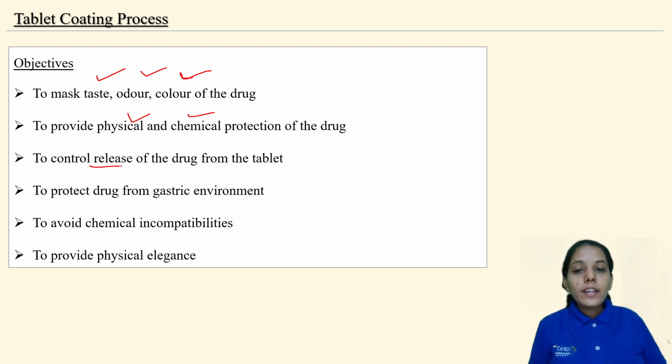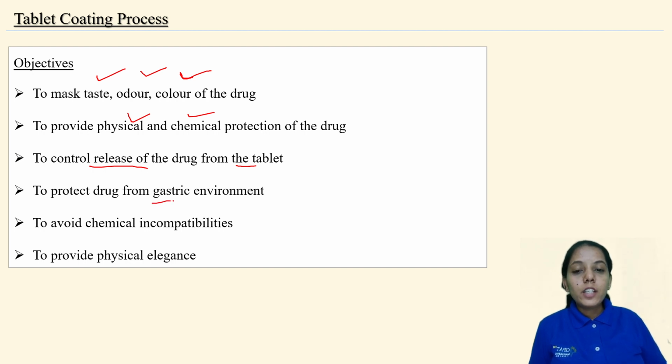Next is to control release of the drug from the tablet. Control means slow release of the drug over a period of time. If you want the drug to be released over a period of time, then we give controlled release coating.